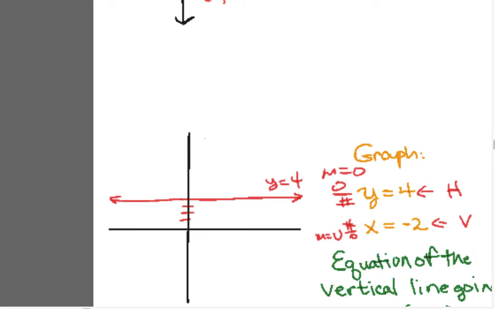So x equals -2, and then we would draw a vertical line. No matter what y is, x is always -2.